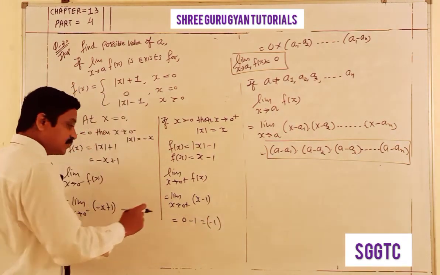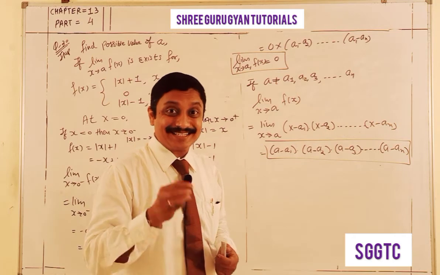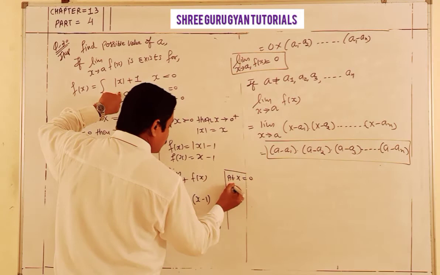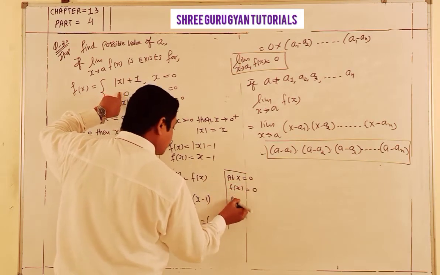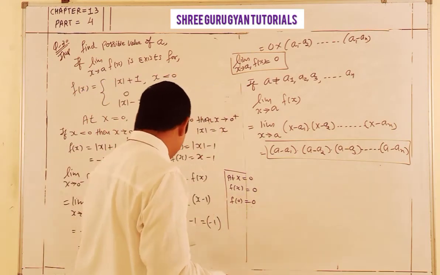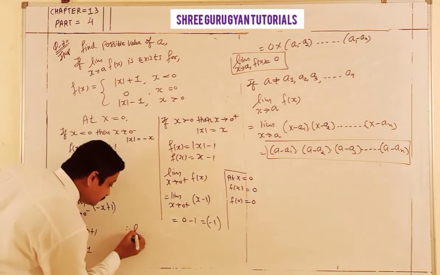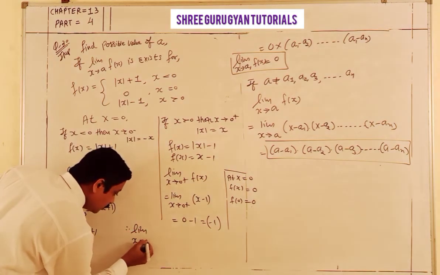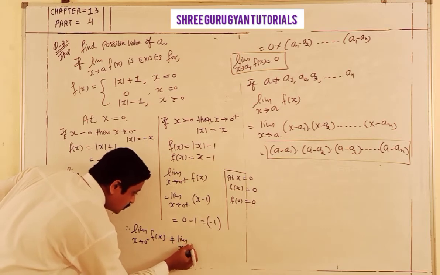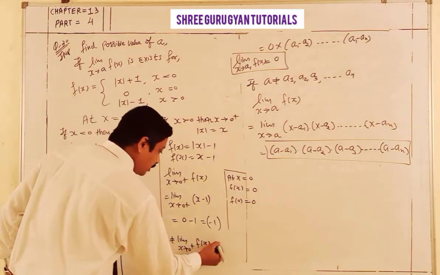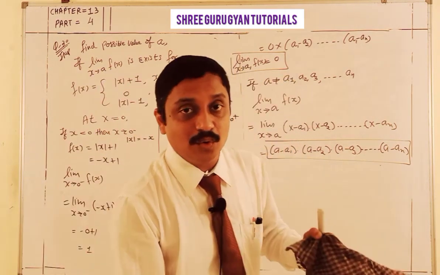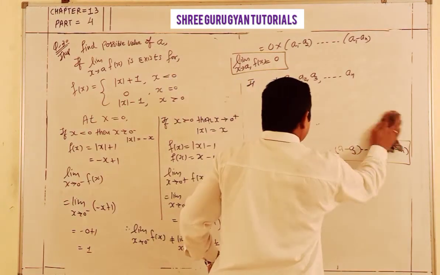Are these same? No, not same. And third, exactly given at x is equal to 0, f(x) becomes 0, f(0) becomes 0. Indirectly, I am just telling that this is not the same. So limit x tends to 0 negative of f(x) is not equal to limit x tends to 0 positive of f(x) is not equal to f(0). So finally at x equal to 0, limit does not exist by sandwich rule.